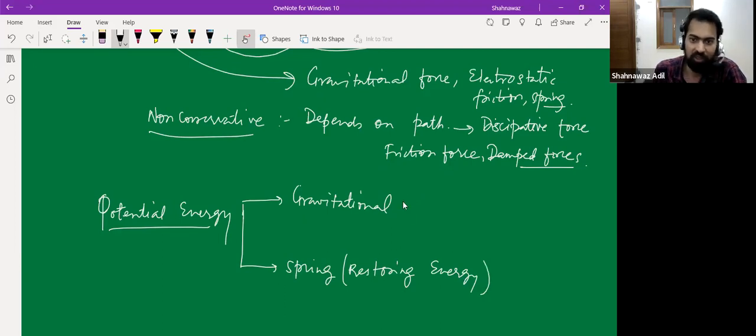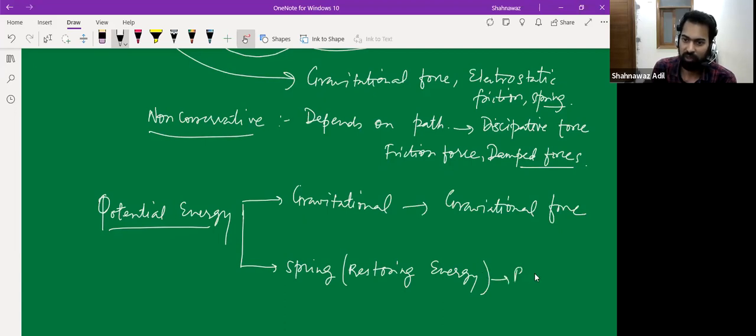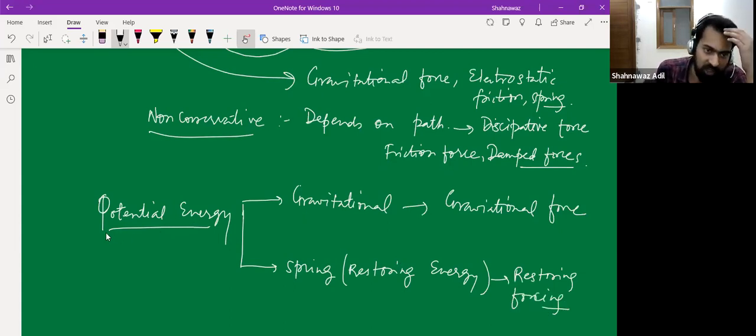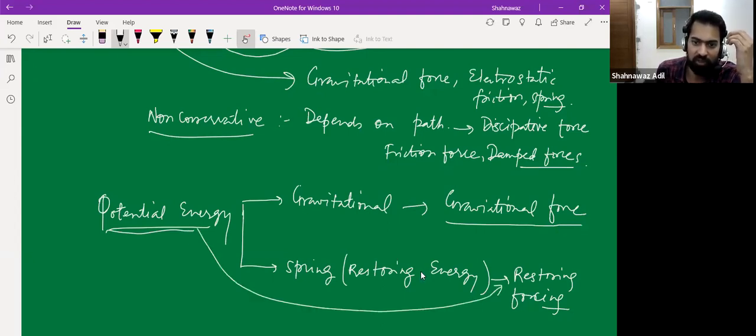So this is due to the gravitational force, and this is due to the restoring force, right? This potential energy arises due to the work done against or in the direction of the gravitational force, and the work done with respect to the restoring force is called the spring or restoring energy, right?